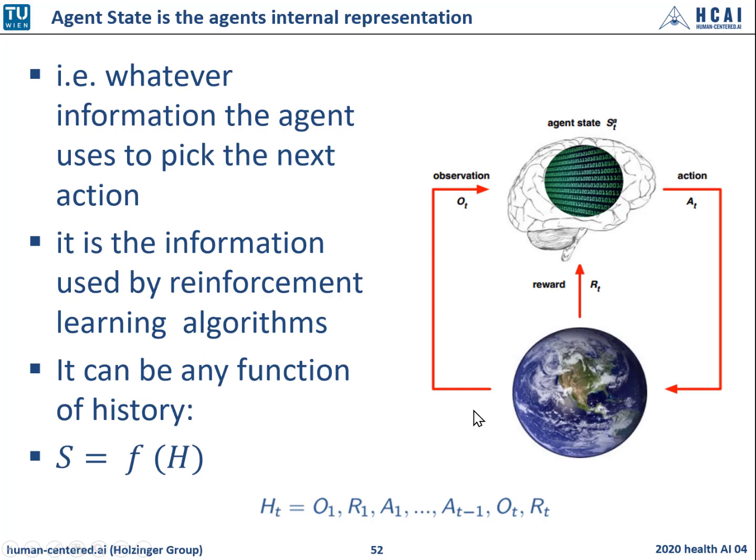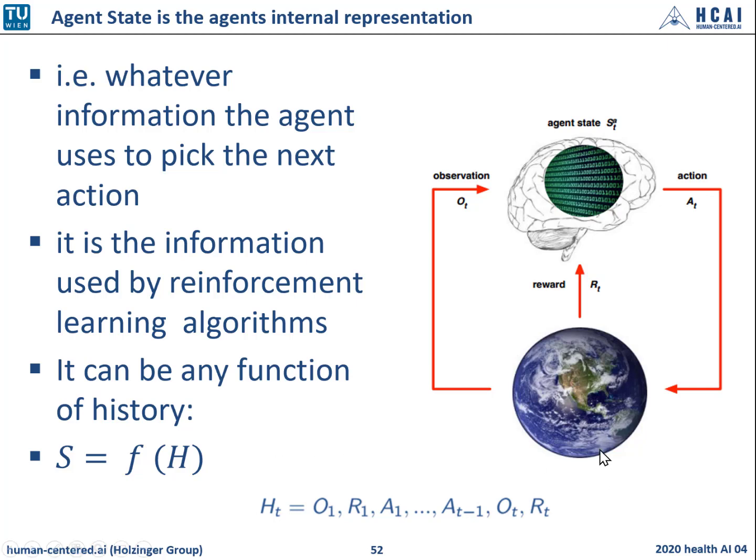So the agent state is the agent's internal representation. So this is just to show that the agent state can be any function of history. And the history, as can be seen below, is a sequence of observations, actions, rewards, all observable variables up to the time t. And you can see this is like a sensorimotor stream of robot data.